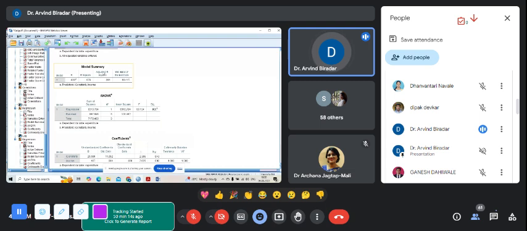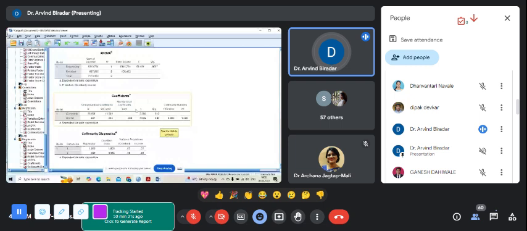The first thing that comes is the model summary, R, R square, the ANOVA table, regression and residual, and the coefficient values.